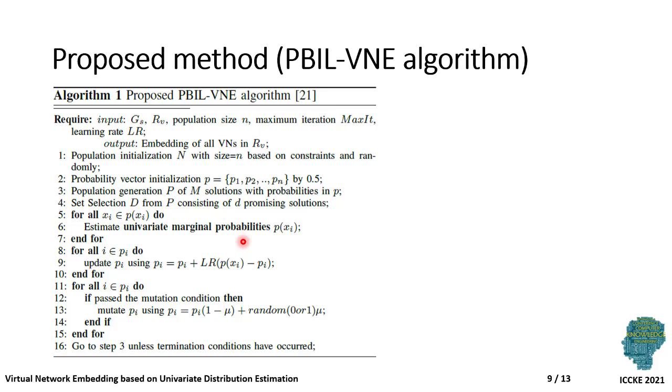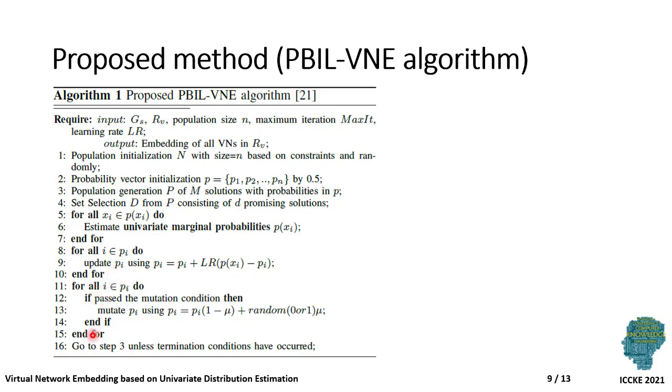We need to construct the distribution model. After finding the distribution model, we need to update the previous distribution model. Here we have the previous distribution model, the probability of each of the cells, and we need to update this probability of each cell by adding the newly computed probability distribution.